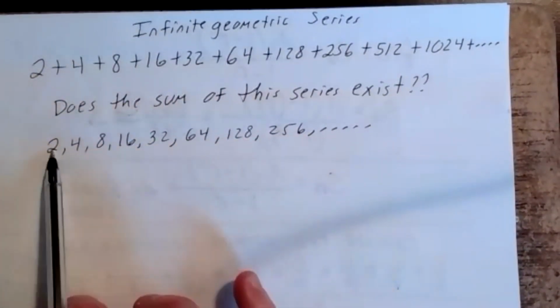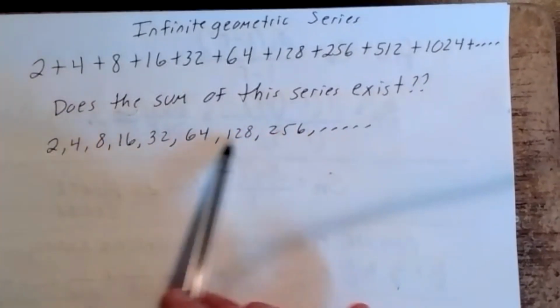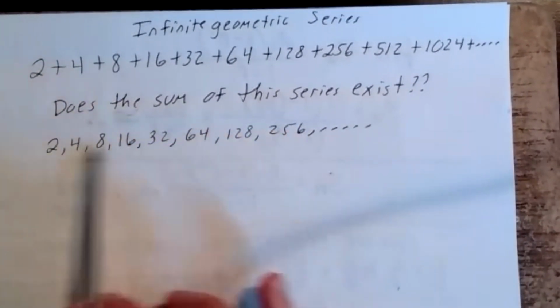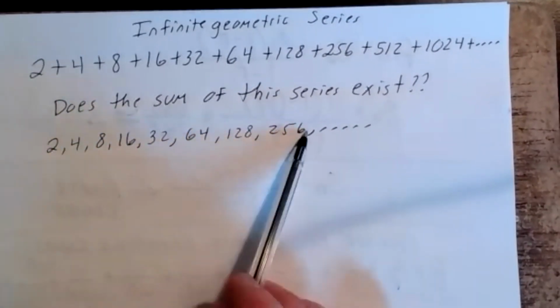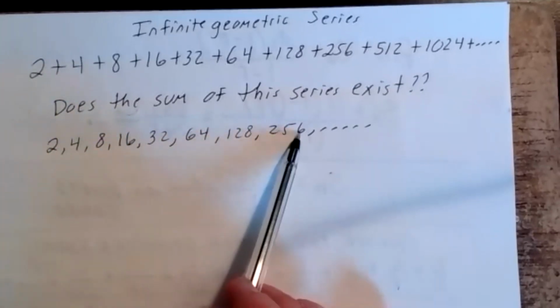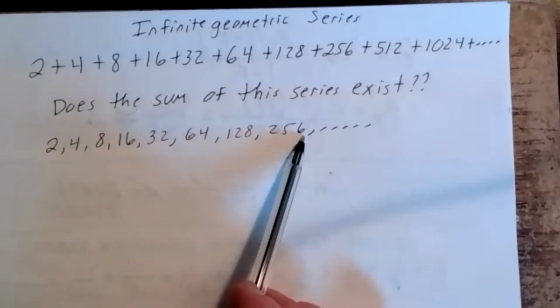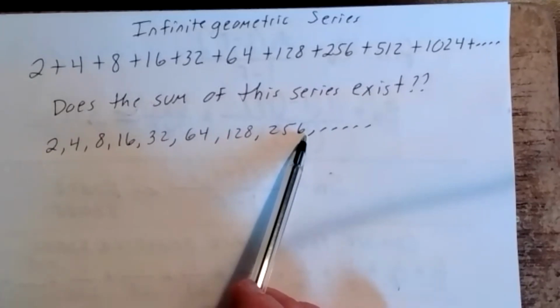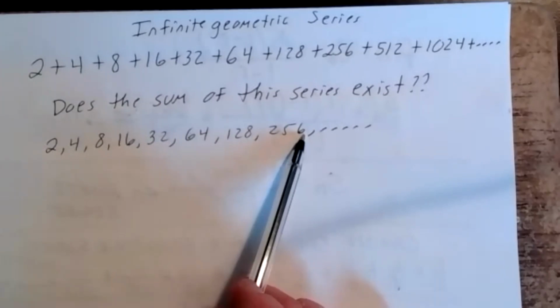Are they getting smaller and smaller like the last problem, or are they getting larger and larger? They're getting larger and larger. These terms of this geometric sequence are growing without bound. There's no ceiling for these terms. Do you agree?